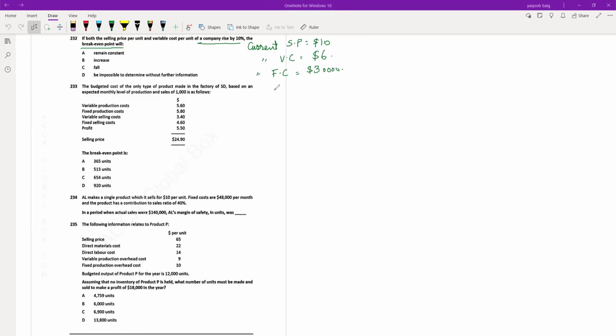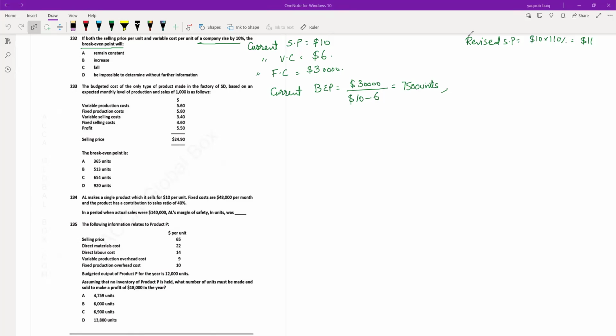And now we calculate current break-even point, which is equal to fixed cost of 30,000 divided by selling price 10 minus variable cost of 6. So 30,000 divided by 4, 7,500 units. Now we are talking about revised. Revised selling price is 110% of the $10, which means 11.